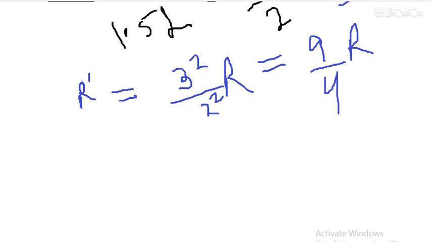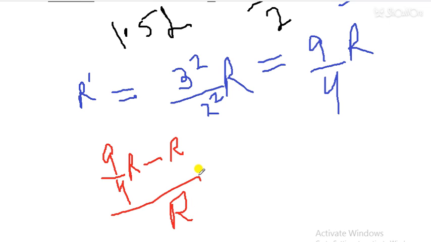Now students, if I have to find the change, you can see here. To find the change, I will write (9 by 4 R minus R) by R into 100. I will solve 2 more questions. After that we will end this video.